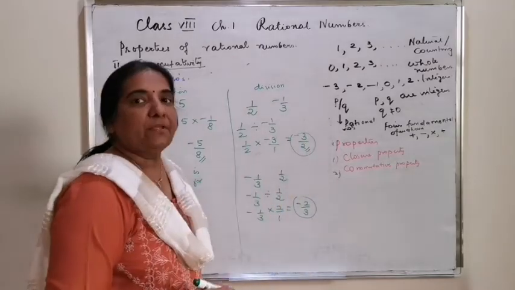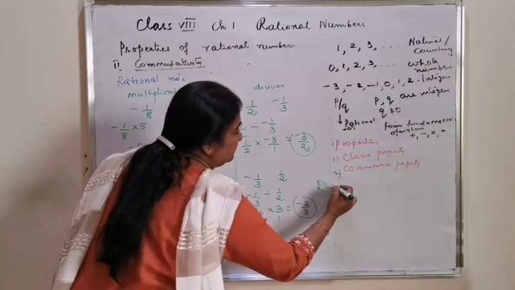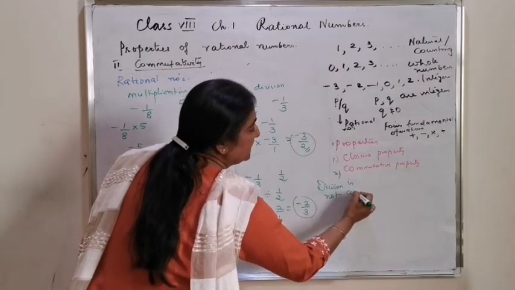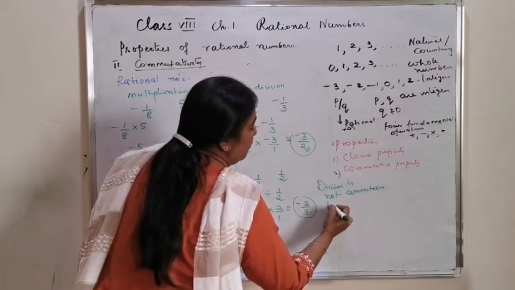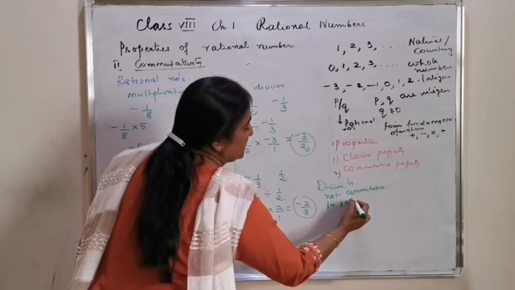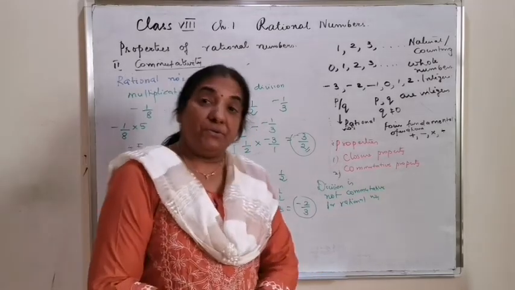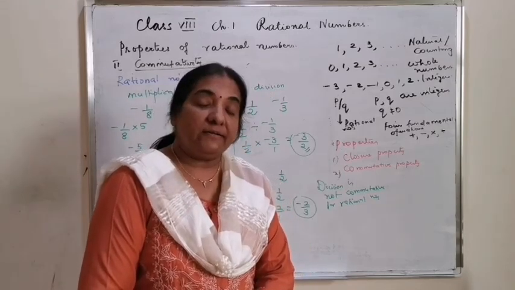Are they the same? No. So what is the property? Division is not commutative for the set of rational numbers, or rational numbers do not satisfy the commutative property under division.